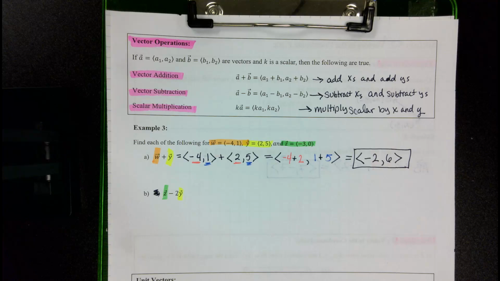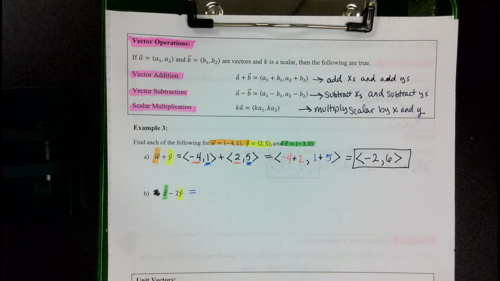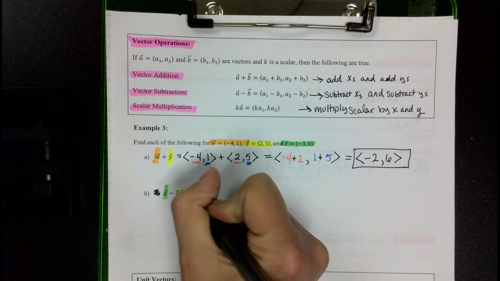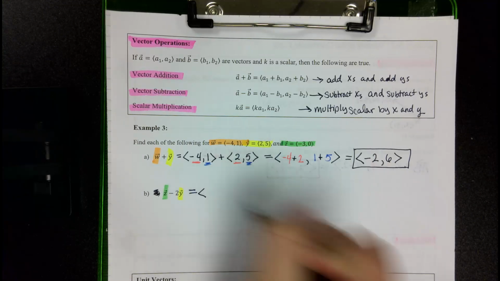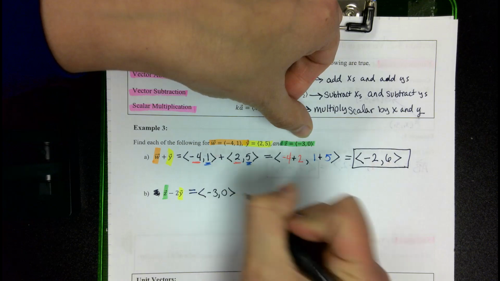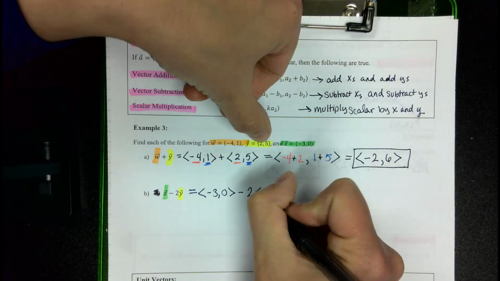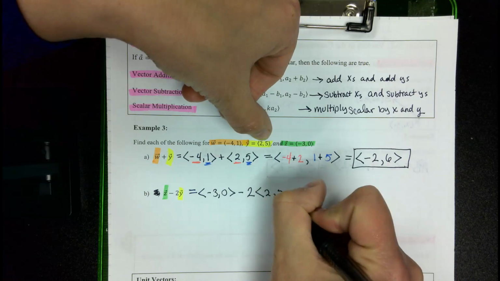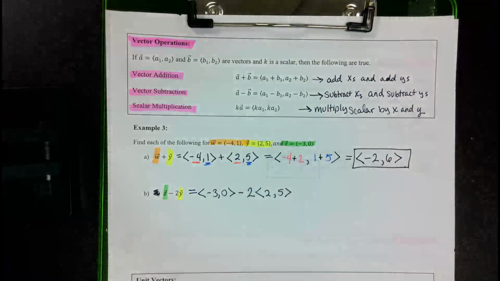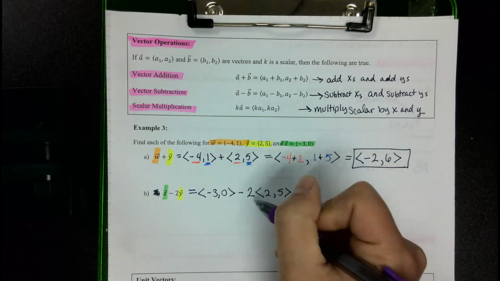All right, so we'll start by setting it up from what we have. Vector z. Oops, that's not the right color I was going to use. We have vector z, which is negative 3 comma 0 minus 2 times vector y, which is 2 comma 5. So you're going to treat these vector parentheses just as you might imagine you would with a scalar.